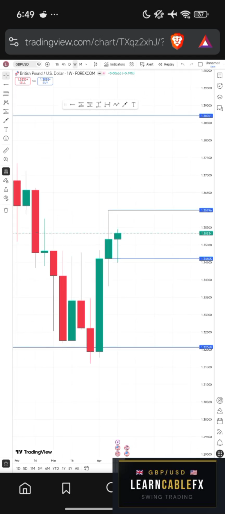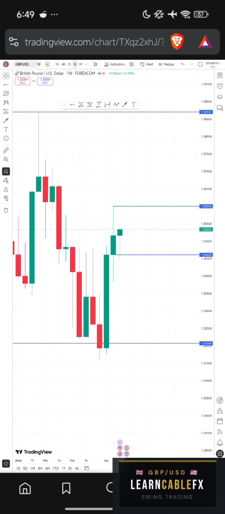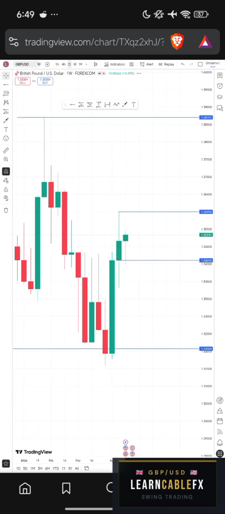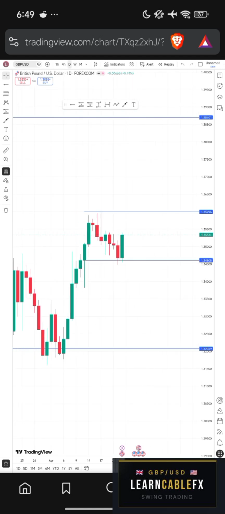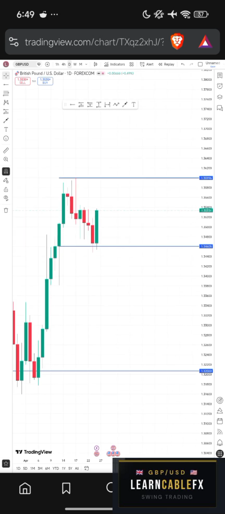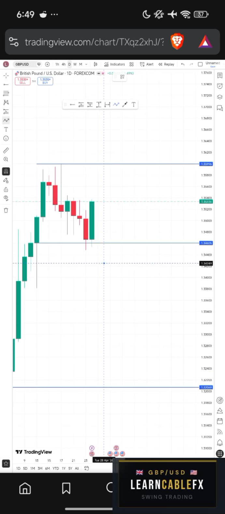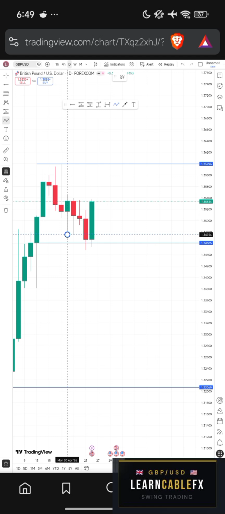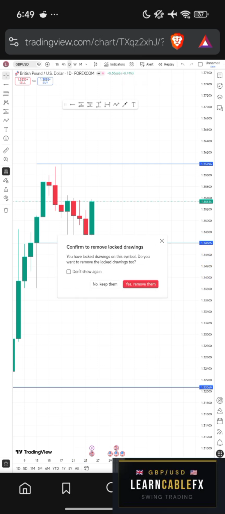Okay, so let's move to the daily time frame. On the daily time frame, we can see we had this structure, internal structure.